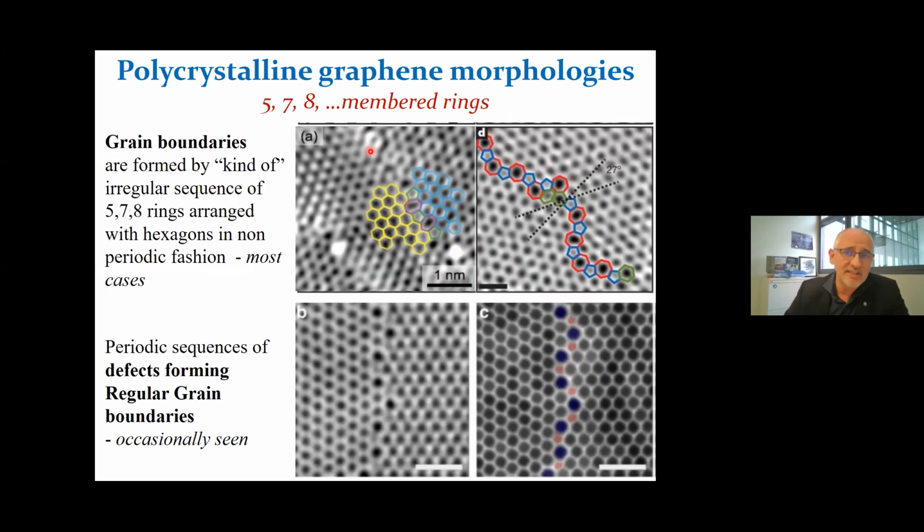They are non-hexagonal member rings like heptagon, pentagon, octagon, and so on. In most cases, you have an irregular sequence of this type of defect, and occasionally you may find some grain boundary that looks periodic, some kind of repetitive, but this is really not the most common case.